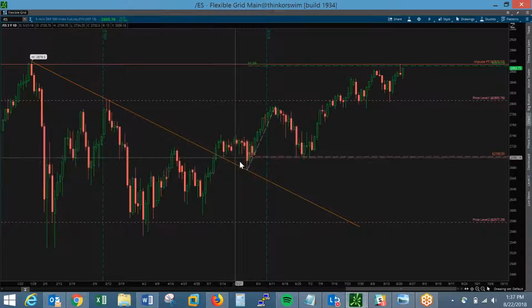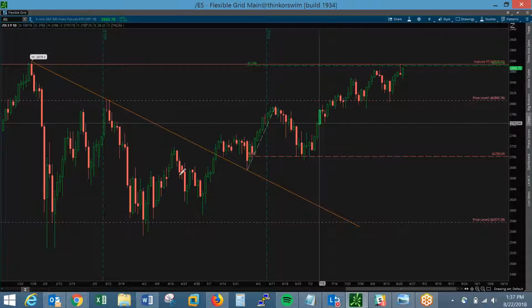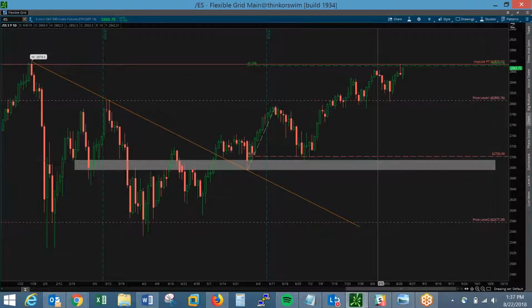And then coming out of that zone, we had a really good demand zone that built out. So now we've already got great context for an entry, but it's not quite enough.